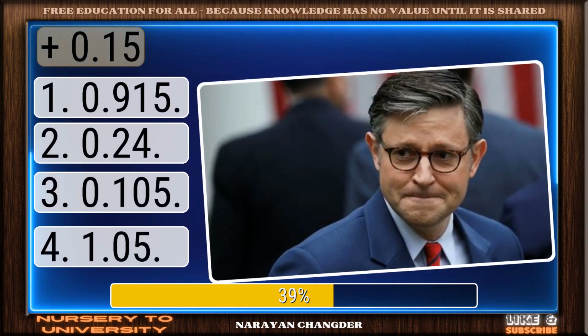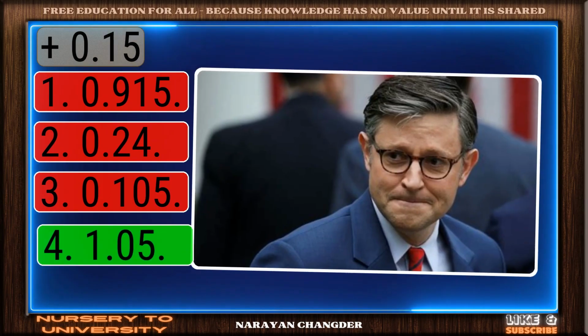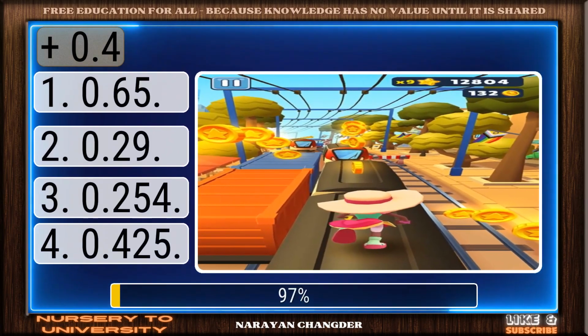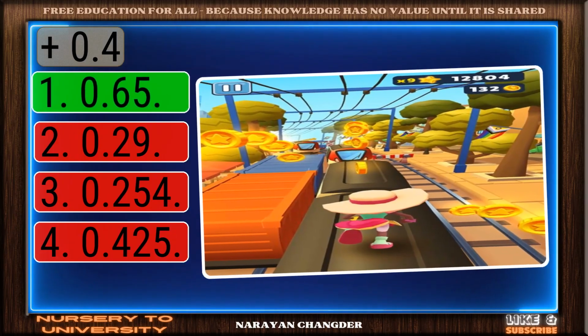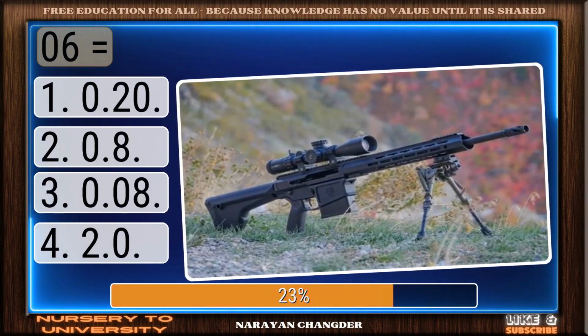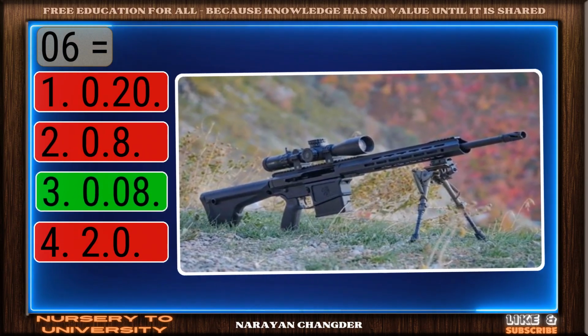Plus. Right choice. 105 is the best answer. Plus. Exactly. 0.65 makes sense and it is right choice. 6 equal to. You got it. Your choice 0.28 is right.